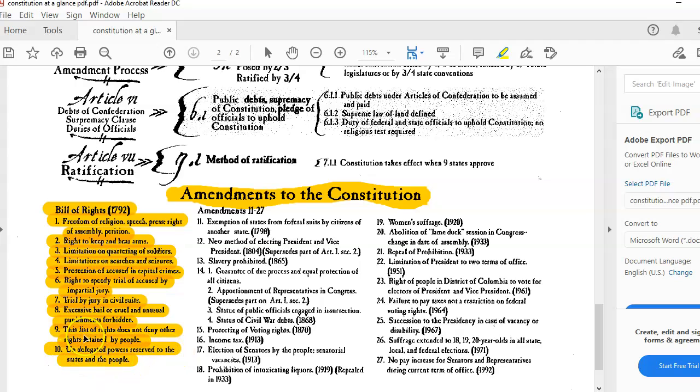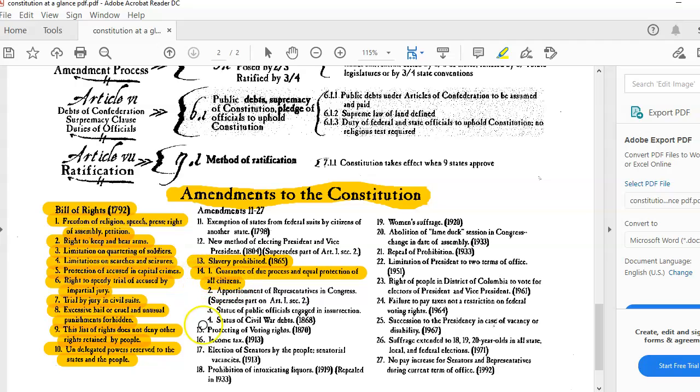So those are a little confusing. All right, going over to column 2, you're going to have to know for the test, Amendment 13, when the United States prohibited slavery, 1865. Number 14, the guarantee of due process and equal protection of all citizens.